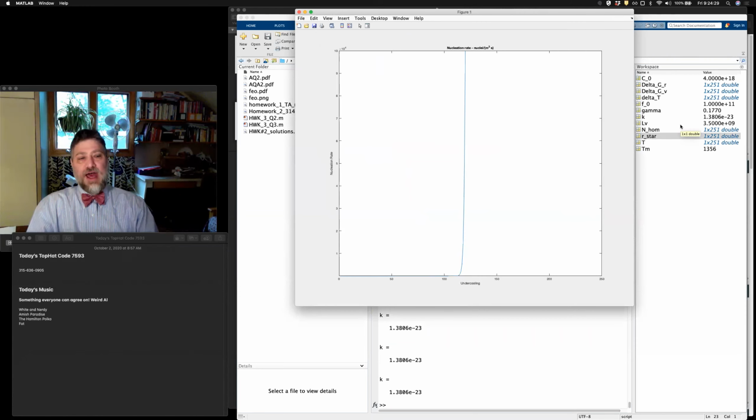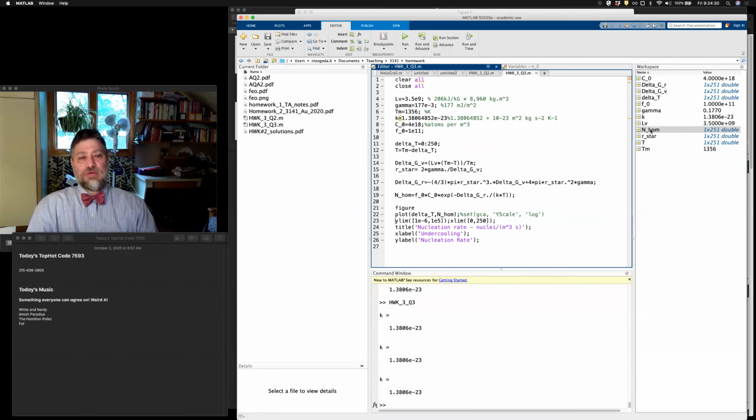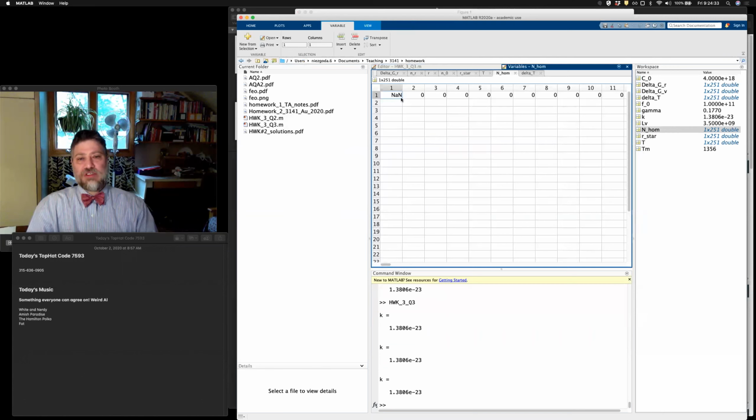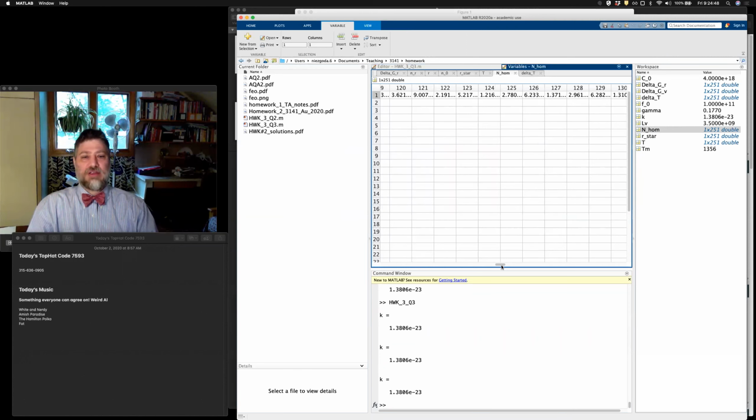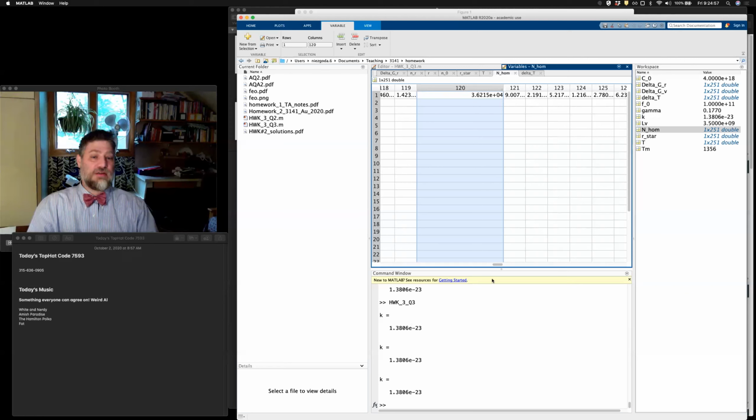If we look at the rate, of course, at 0 undercooling, we get not a number, because we would need an infinite amount of time. But if we go to 120, we've got about 30,000, 35,000 nuclei per second.